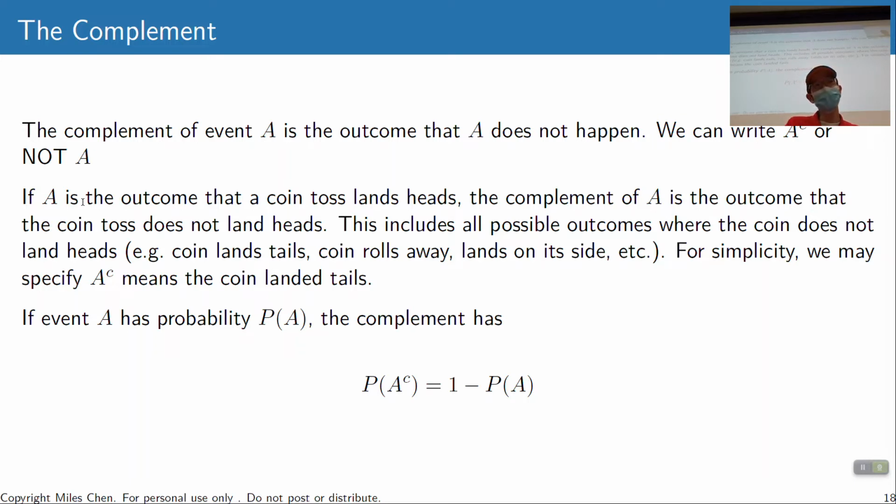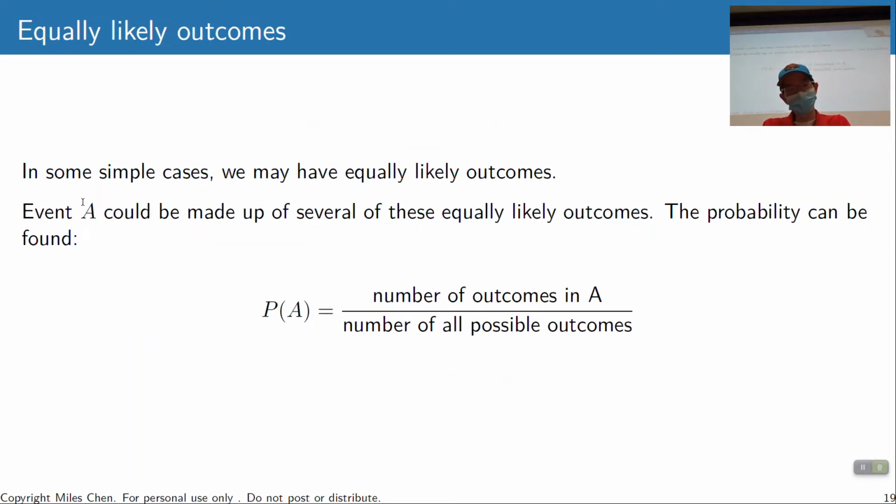Okay, and we could say the complement of A is that it landed tails, and we're going to ignore anything else. But strictly speaking, the complement is just the outcome where that particular event didn't happen. And so if the probability of an event is probability of A, then the probability of the complement is 1 minus the probability of A.